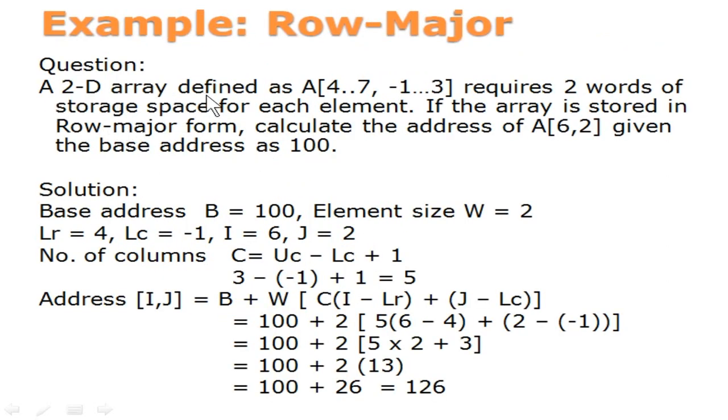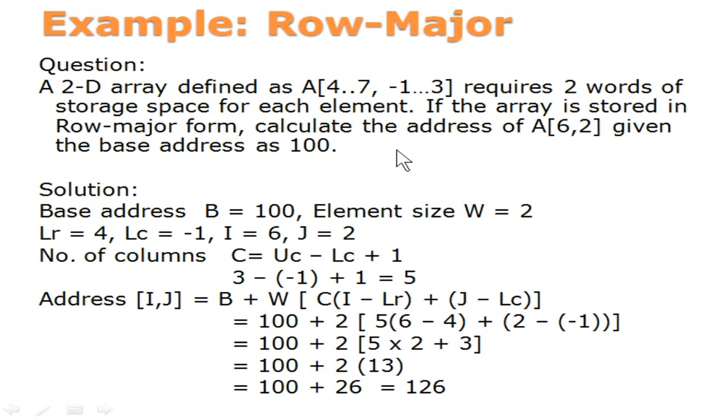A 2D array defined as A[4..7, -1..3] requires 2 words of storage space for each element. If the array is stored in row major form, calculate the address of A[6, 2], given the base address as 100. So you can easily say that the base address is given here. 2 is the W value.